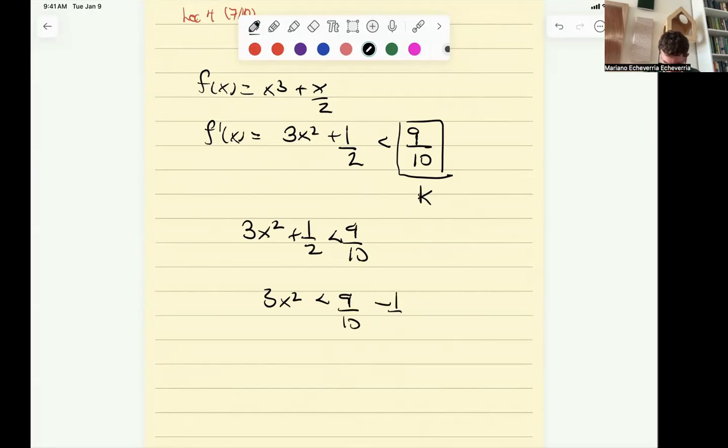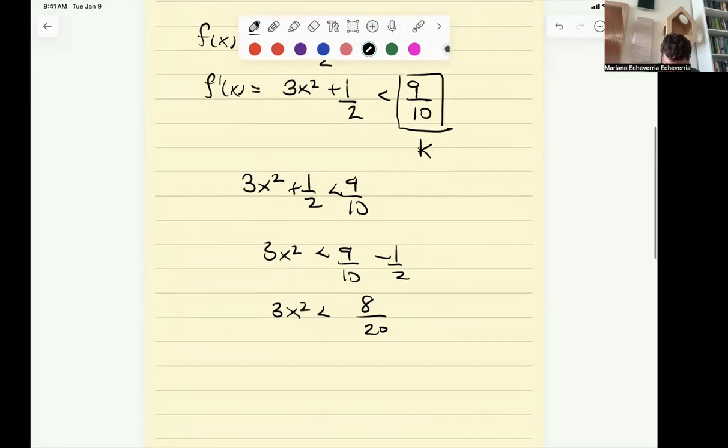So how much is this? 18 minus 10, 8 over 16. So that tells you that x squared should be 8 over 16.